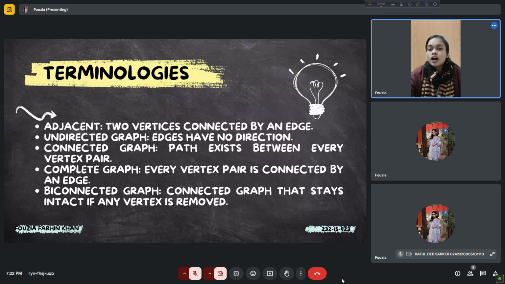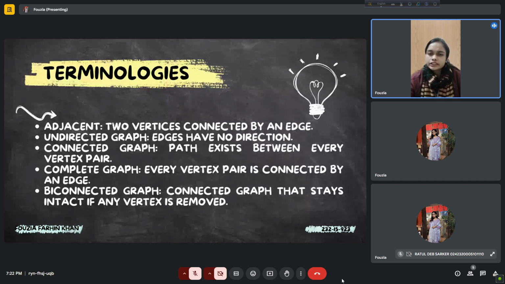That is, if there is an edge between vertex v1 and v2, you can traverse it in either direction. Connected graph. A graph is connected if there exists a path between every pair of vertices in the graph. Complete graph. A complete graph is one in which every vertex is connected to every other vertex. This means that there are no isolated vertices.